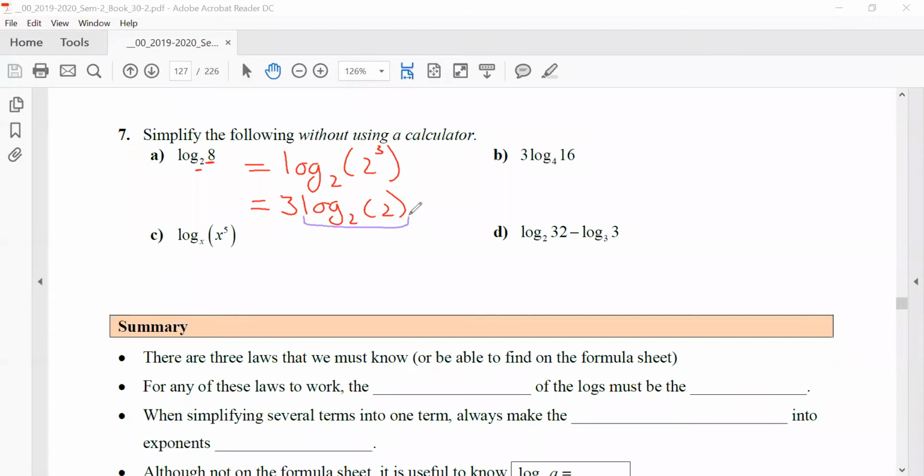Remember from the last lesson? When the base and the argument are the same, that's really just log 2 divided by log 2. That's just 1. So guess what? This is really 3 times 1, which the kids tell me is just 3. Okay?